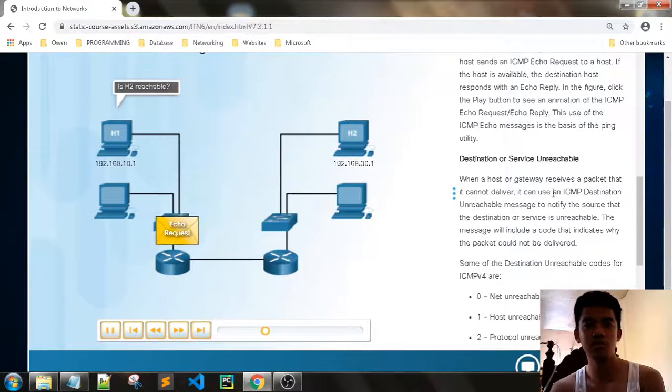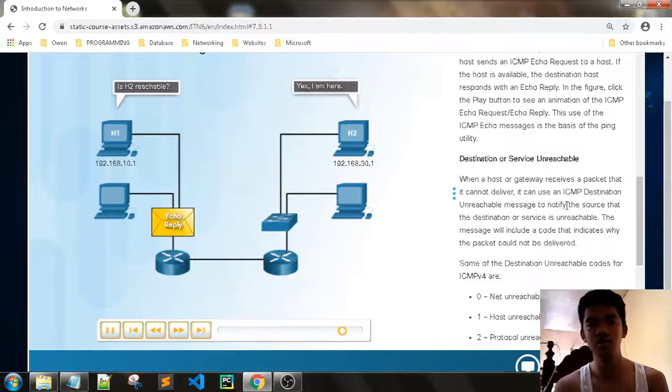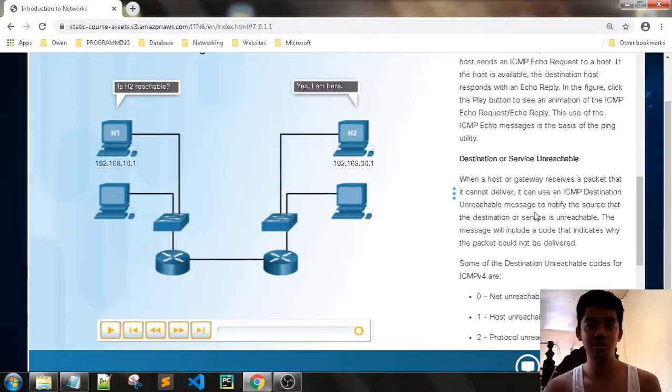Destination or service unreachable: when a router receives a packet that it cannot deliver, it can use an ICMP destination unreachable message to notify the source that the destination or service is unreachable.